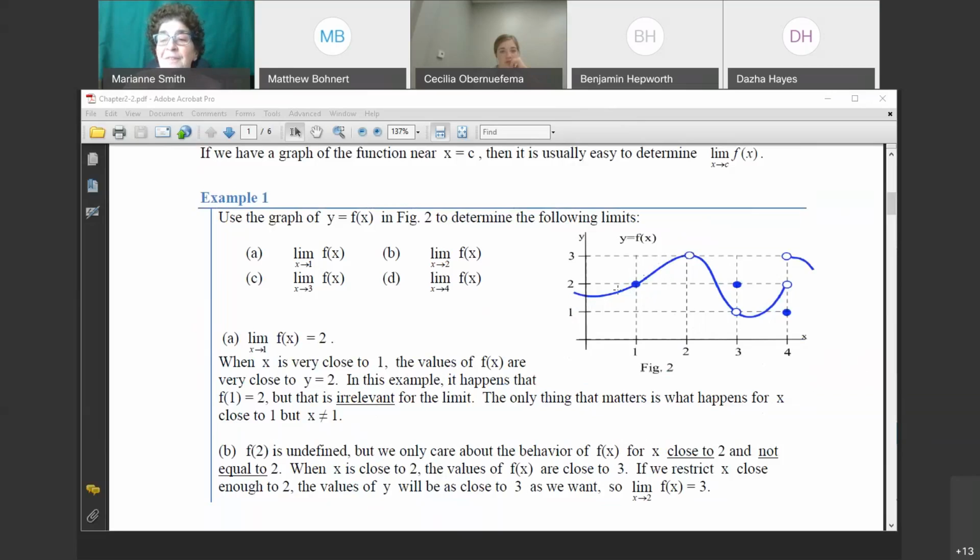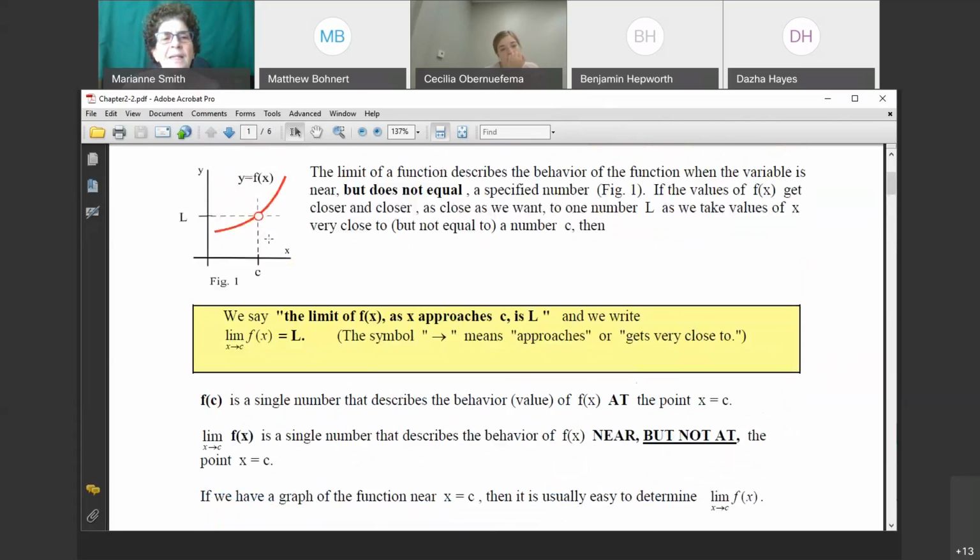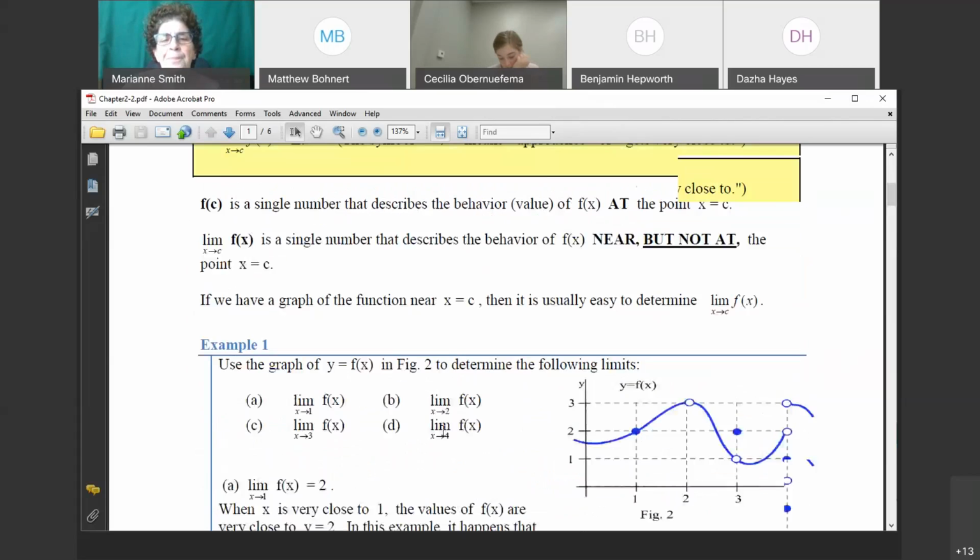The fact that the value of the function at 1 is 2 is irrelevant to the limit. That's a nice to have, and it's important for continuity, which we're talking about next. But as far as the limit, you can have a limit without a function value, like we did in this graph up here. We've got a limit, it's L, and the function value doesn't exist.